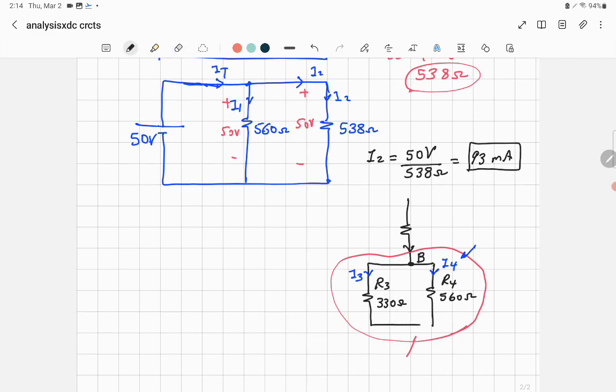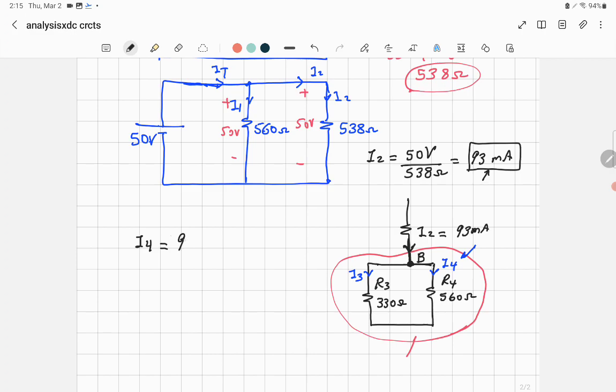When you look at this circuit, you'll find that I2 is flowing here in this branch, and it comes to node B, it will split into two. R4 and R3 are connected in parallel, so I can use the current divider rule. What the current divider rule says, I want to find I4, so we ask, what is the current entering this node B? It's I2. What is the value of I2? We just got it. It's equal to 93 milliamp.